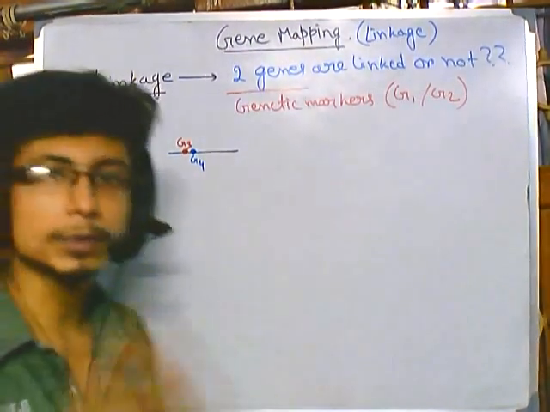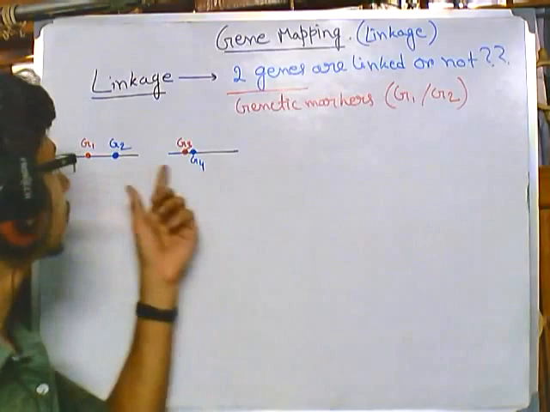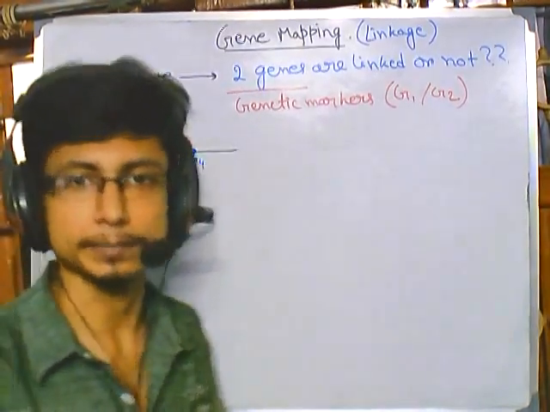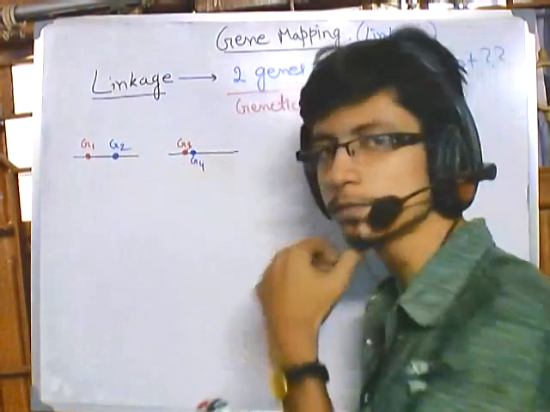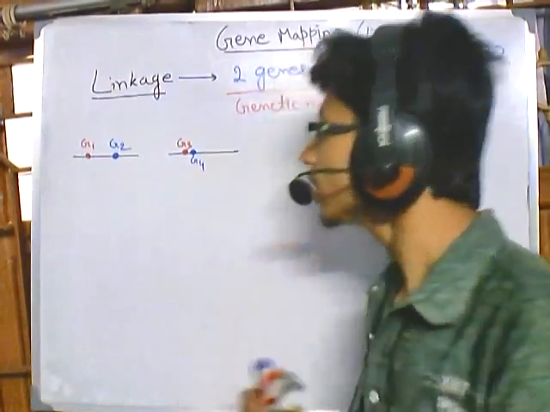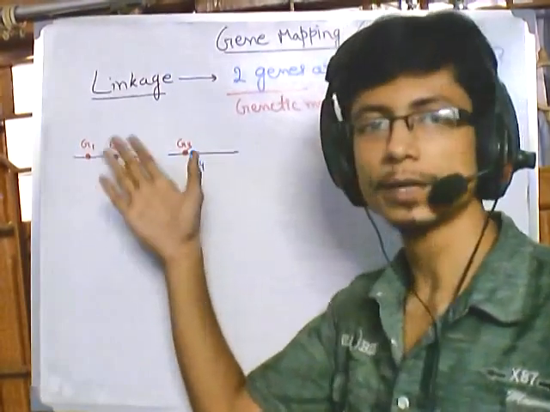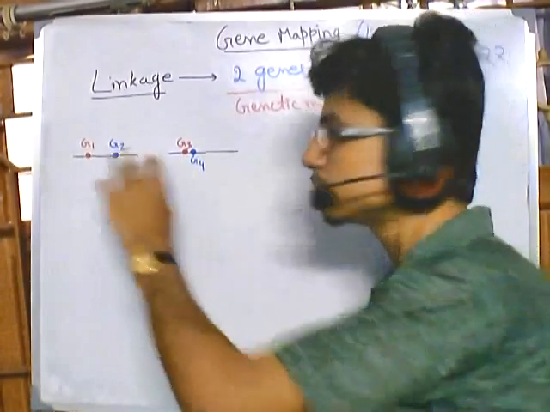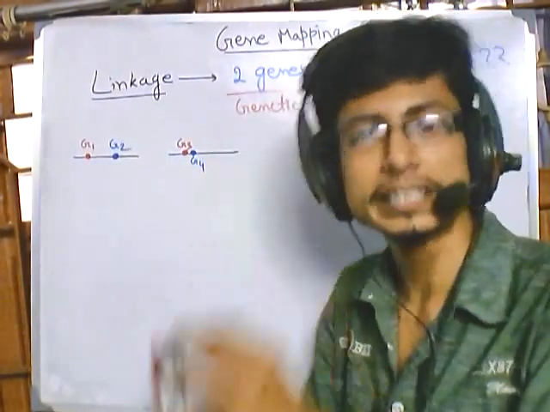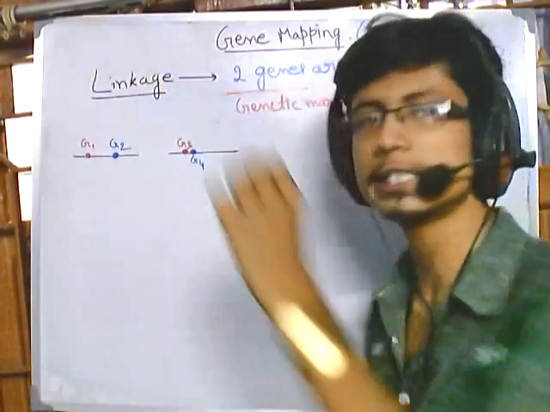So we have two different scenarios, two different chromosomes, and two different sets of genetic markers. In the first case G1 and G2, in the second case G3 and G4. In this picture we know where G1, G2, G3 and G4 are placed, but in an actual case we need to find whether these genes are placed in the same chromosome and what the distance between them is. For doing that we utilize the linkage map.